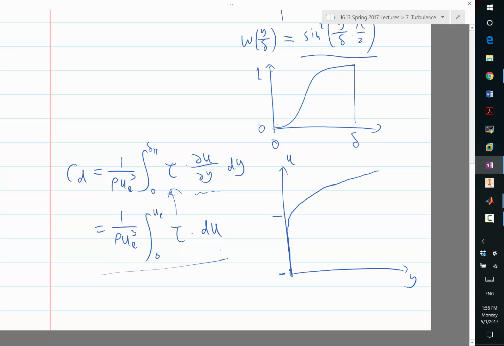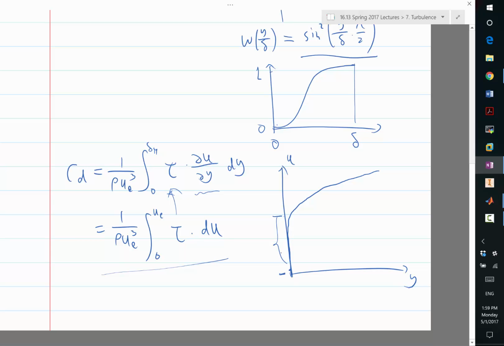And if you look at this, there is a significant portion of this CD that can be explained by the inner layer of the turbulent boundary layer. And we know that in the inner layer, what is tau? It's just the tau wall, right?